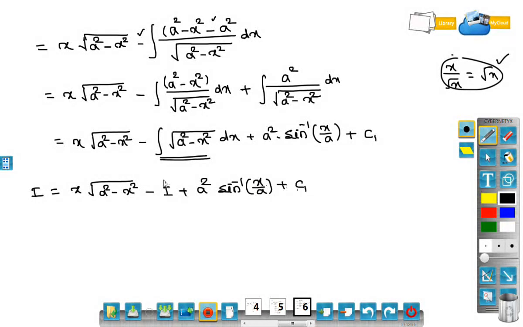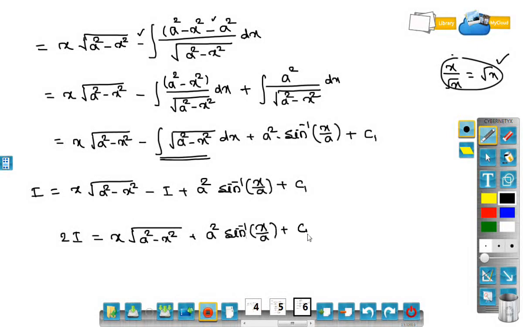Now take this minus I to the left side. It will become I plus I, which is 2I, and that will give you the answer x into under root a square minus x square plus a square into sine inverse of x by a plus c1.